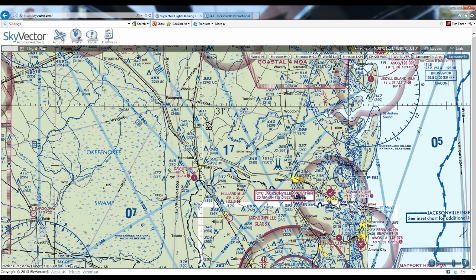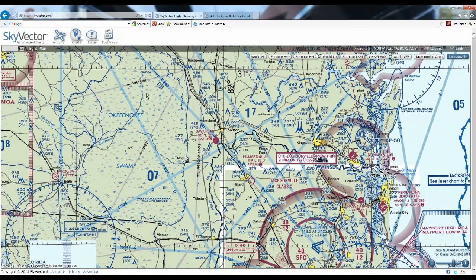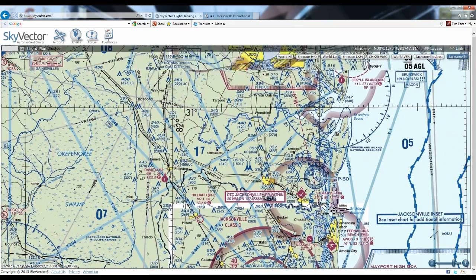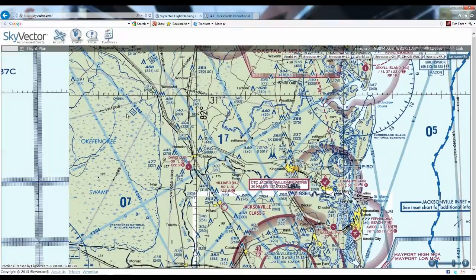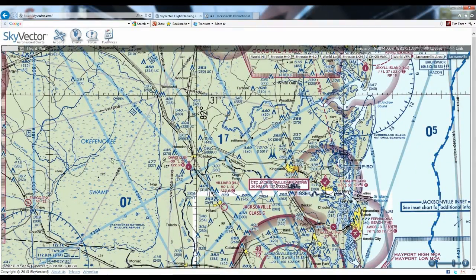The reason is this is a wildlife refuge. People come here to camp and go on vacation, and you don't want to disturb the animals in here. Truth be told, you don't want to fly over the Okefenokee Swamp ever, but legally you can. It's just they want you to be above 3,000 feet when you do. Due to noise pollution, they don't want you to disturb the people and animals down here.